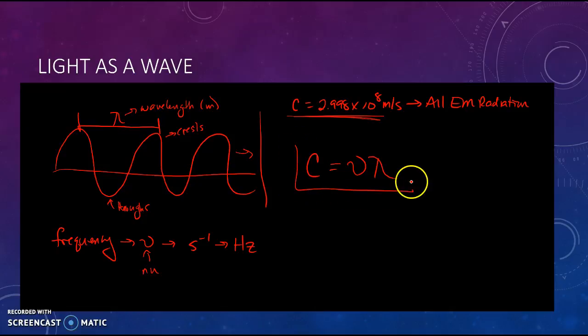So that's a nice equation to know, where if we know what the frequency is, we'll know what the wavelength is, because we'll always know the speed of light, or microwaves or radio waves, whatever you got. We'll always have that speed right there. So that's an important equation, and you guys should write that down.